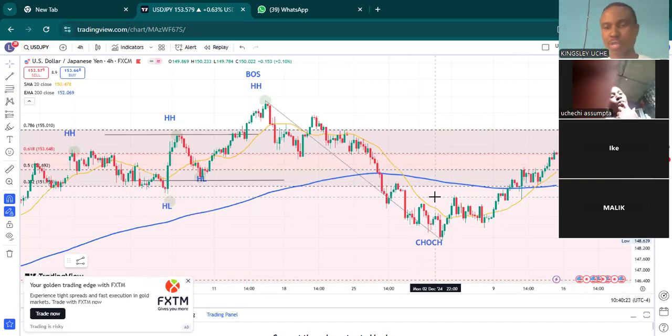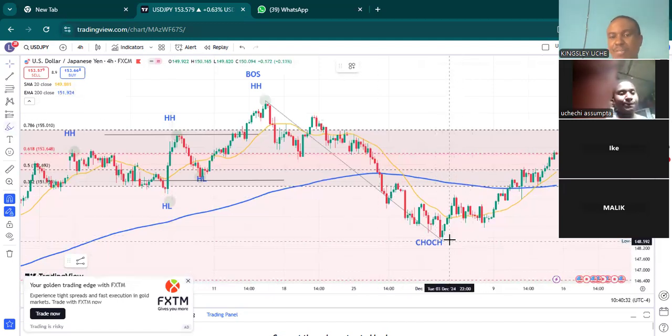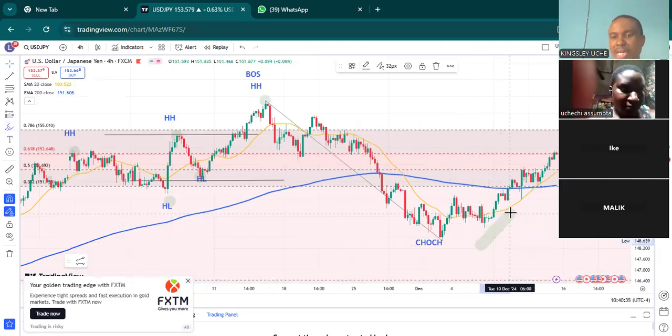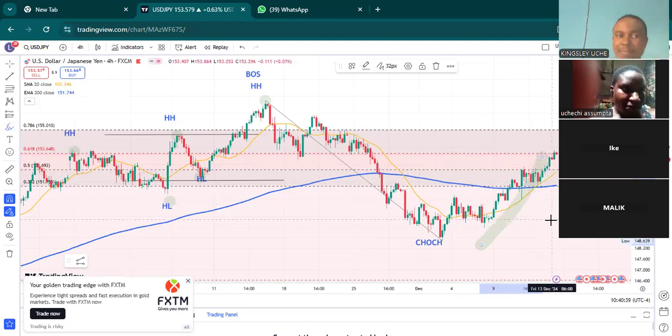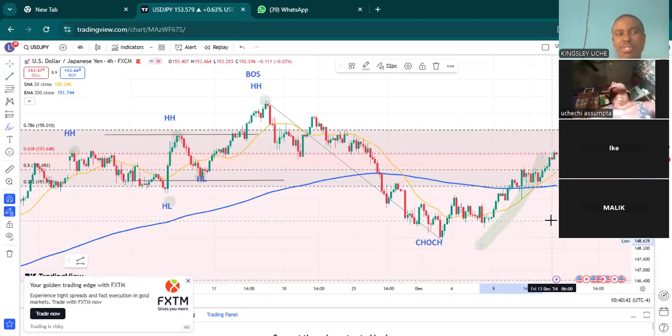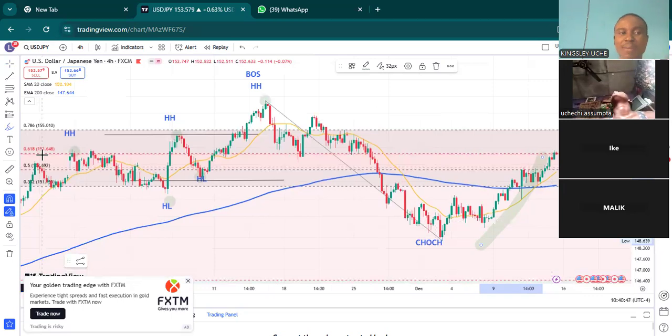Now we are looking and waiting for the price from the change of character to move all the way to the 0.5, 0.618 area. After we drew the Fibonacci retracement tool, this tool gives us the zone where the price needs to go.